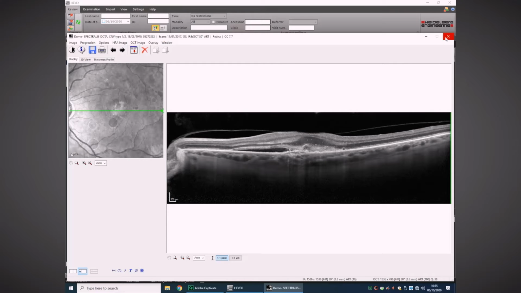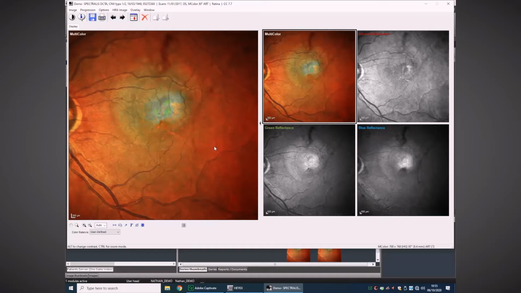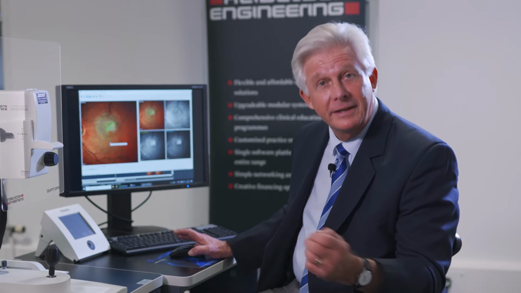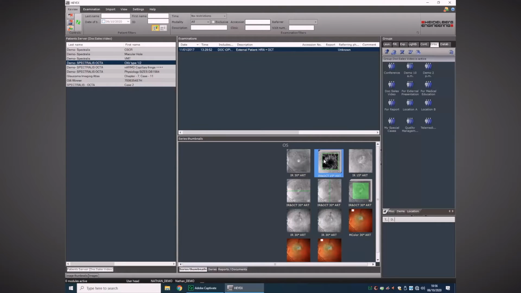And so you might consider to use confocal multicolor, because in your confocal multicolor image, you're going to be able to see evidence of fluid and active leakage. So you would use OCTA in combination with your confocal multicolor. So let's look at our OCT angiography.